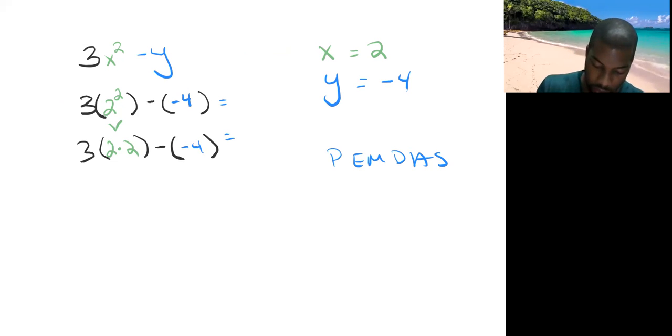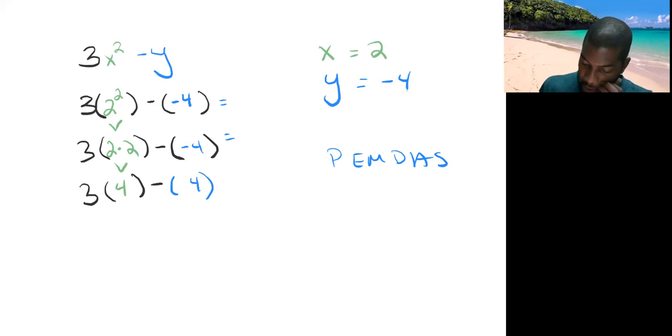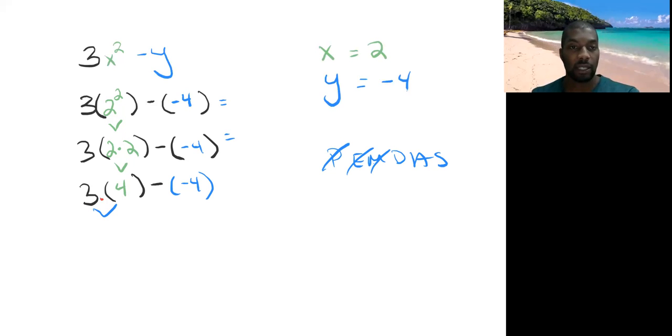2 times 2 is 4. Close the parentheses. Multiplied by 3 minus -4. So I did parentheses and I did exponents. Let's do multiplication next. 3 times 4 is 12. Because remember, if it's a parentheses hugging, it's a multiplication problem.